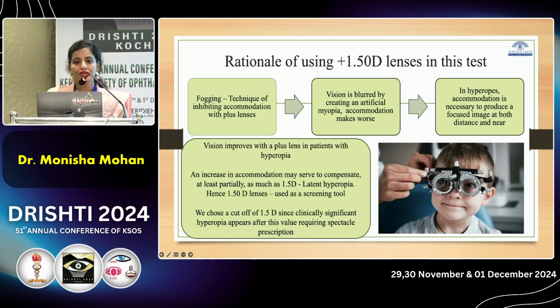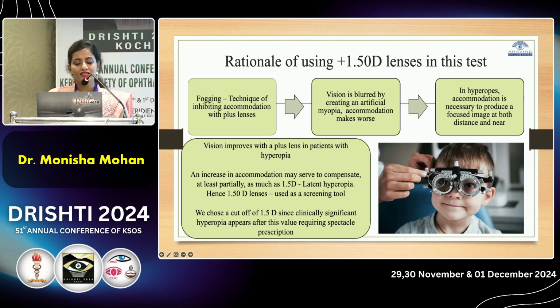So what is the rationale of using 1.5 diopter lenses in this test? We know fogging is a technique to inhibit accommodation with plus lenses, and vision is blurred by creating an artificial myopia which makes accommodation worse. In hyperopes, accommodation is necessary to produce a focused image at both distance and near. So vision improves with a plus lens in patients with hyperopia, and in emmetropic patients it reduces.